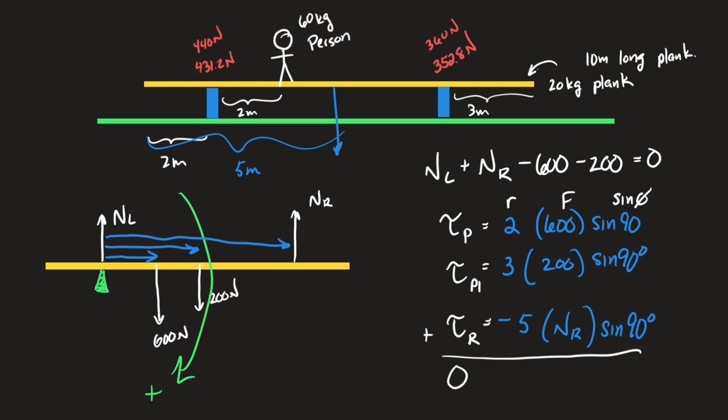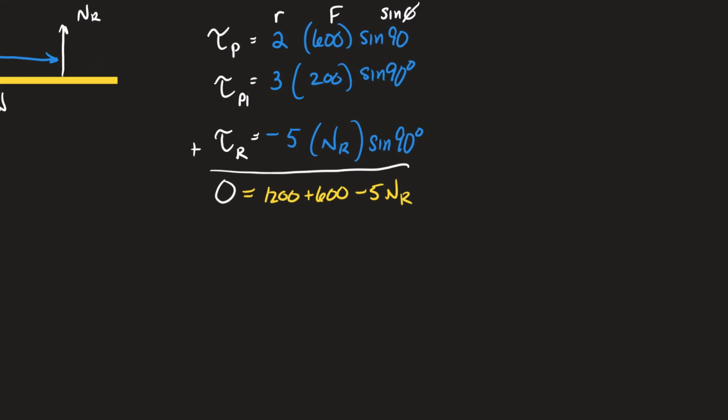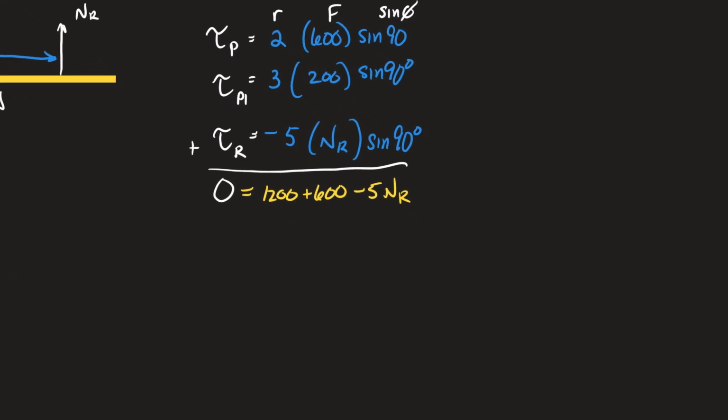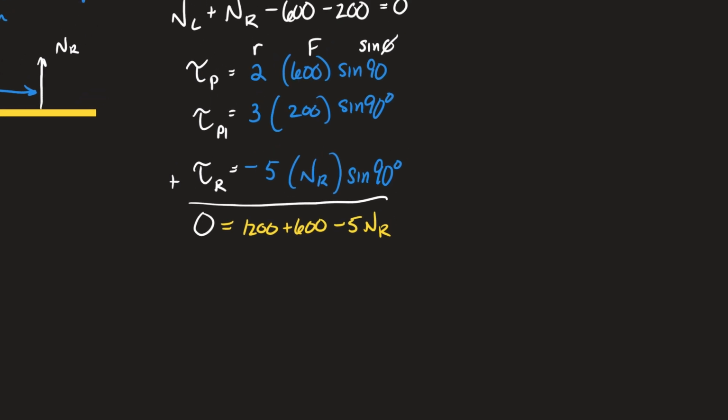Any question about where any of that came from? Just setting up a chart to organize myself. 2 times 600, 1200. 3 times 200, 600. Minus 5 N_R. Just added it all up, set it equal to 0. Now, I do have to solve this so I can get something, but I have 2 relationships now.